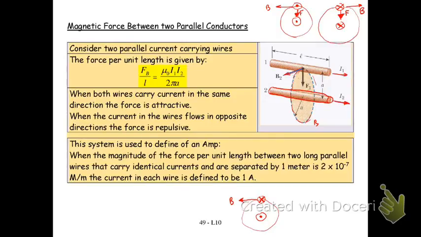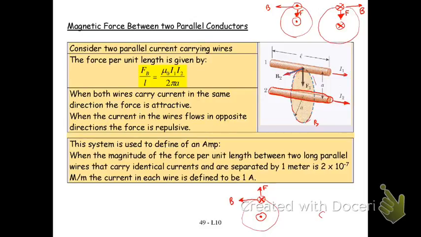Now L cross B. My L is going into the page. I turn my hand so I can curl my fingers towards the B, and my force is pointing upwards. Is that going to cause attraction or repulsion? It's pointing away from the bottom wire, so the wires are going to pull apart.